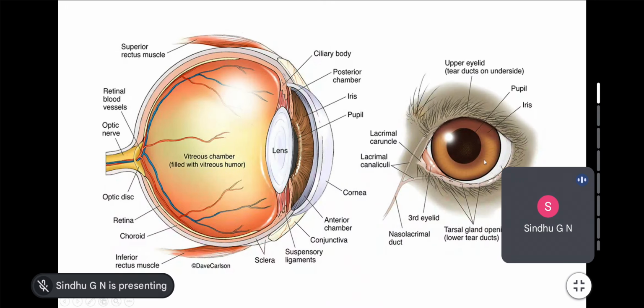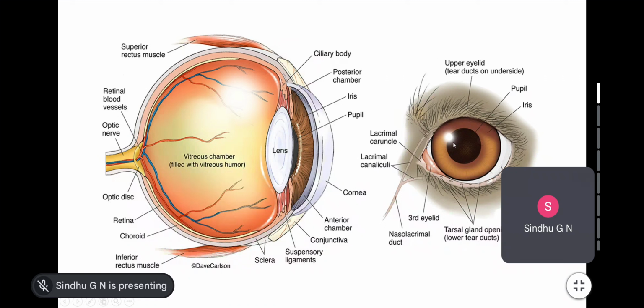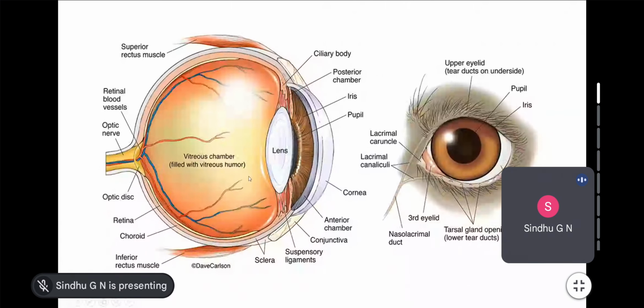Then comes the iris, which will be in different colors, like shades of brown or black, and then the pupil, which is similar to the aperture of a camera, and behind that is the lens, then the vitreous chamber filled with vitreous humor, which is a jelly kind of fluid, then the retina, optic nerve, and the optic disc. So this is the basic anatomy of the eye.